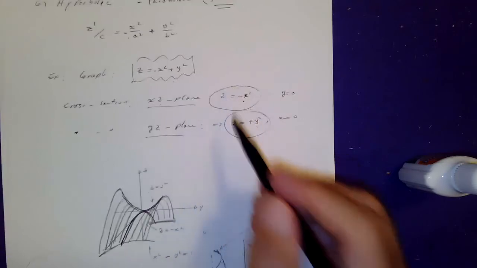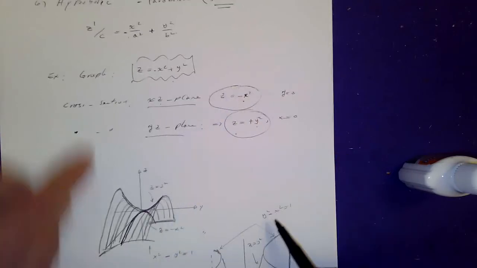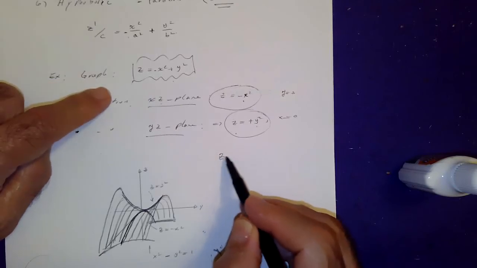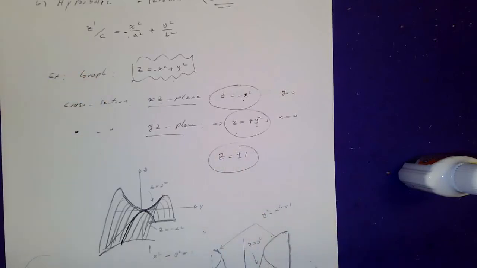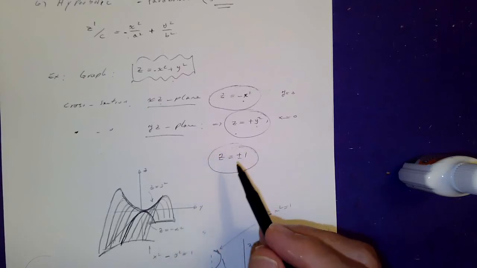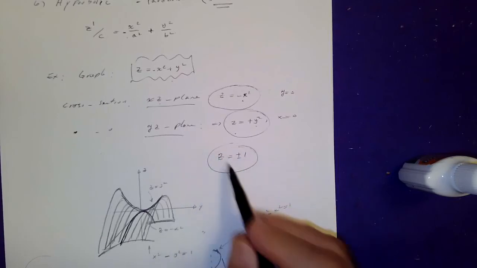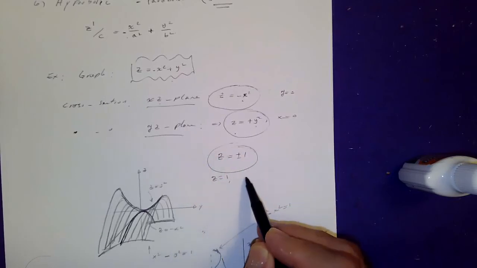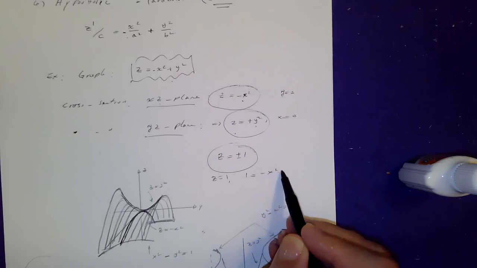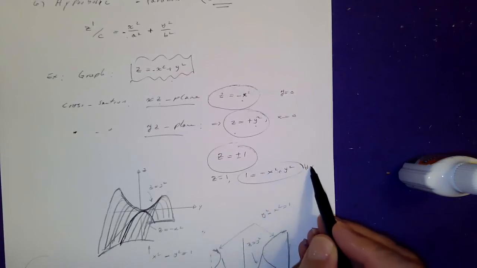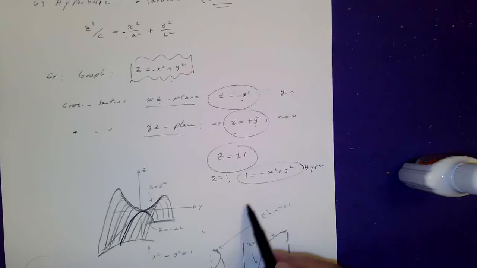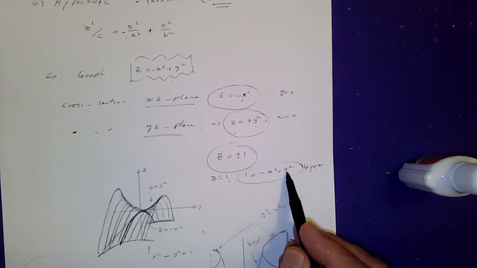Now let's find out what's going on at z equals plus or minus 1. At z equals 1, you get 1 equals negative x squared plus y squared, which is a hyperbola. The branches open along the y-axis.